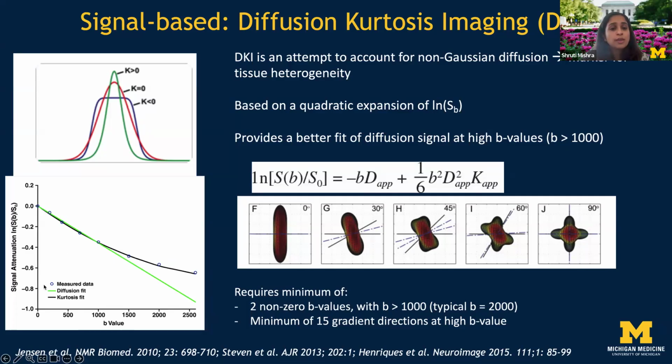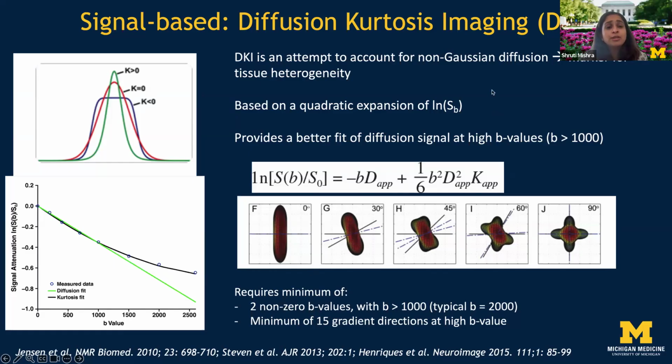And it's been shown that at these higher b-values, fitting a kurtosis tensor gives us a better fit to that signal. The kurtosis tensor has a much more complex morphology compared to the diffusion tensor, which is relatively easy to understand.